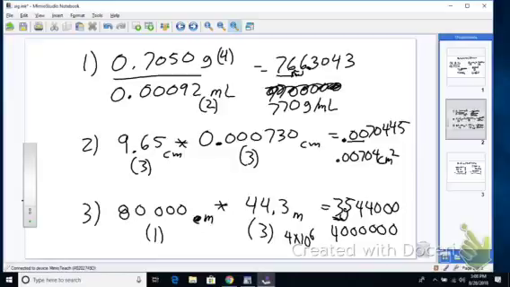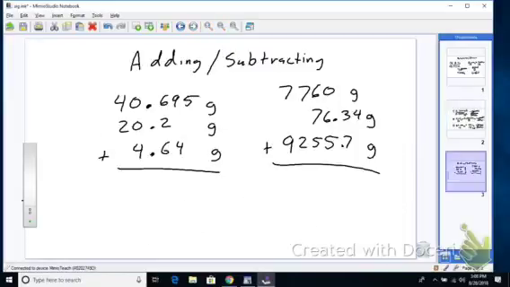Okay, the last thing is adding and subtracting. They're a little bit different. What you do is you can line them up and kind of see where the decimal is located. And like on the first one, we'll say that these are grams and they measure out. We've got to add them all up. If you realize, this is the most accurate. The second one is the least accurate because it only goes out to the 10th spot, and then this is in between.